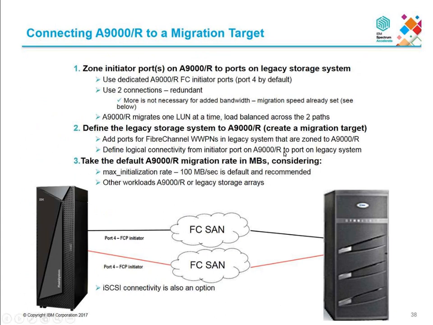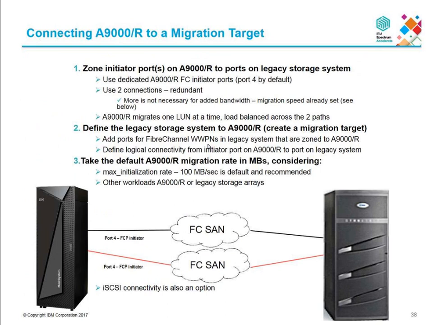All right, and what I'm going to do is, if I set up 20 volumes, I'm going to actually migrate one volume at a time, but I can have production running on all those volumes because, again, for any volume that has a defined migration relationship, the A9000 will proxy reads down to the legacy storage so production can run, but it's actually only going to be doing that one-pass copy one volume at a time.